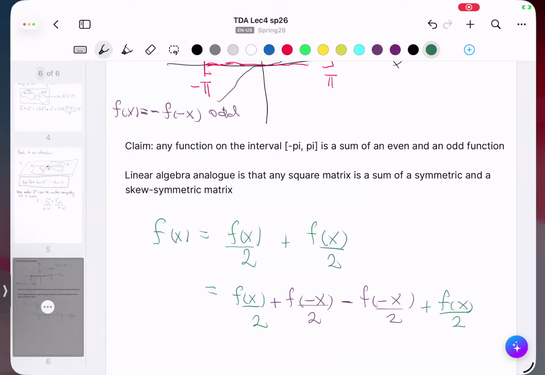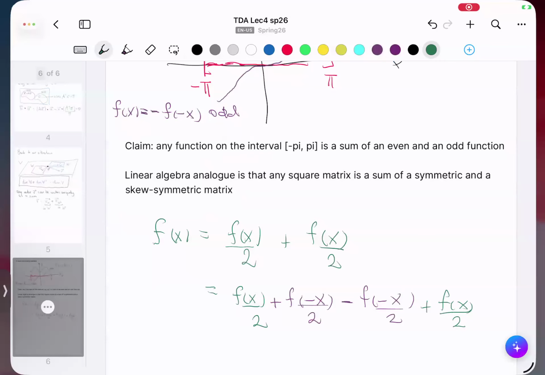That makes sense because again, did I do anything? No, I just added zero. It's just like I'm adding zero in a very weird way because these two cancel out. This is just zero. I'm just writing zero in a very odd way.